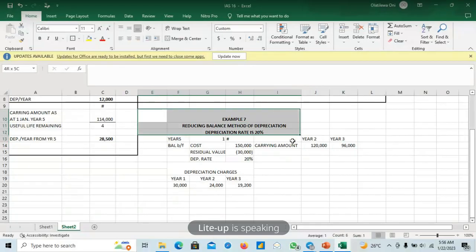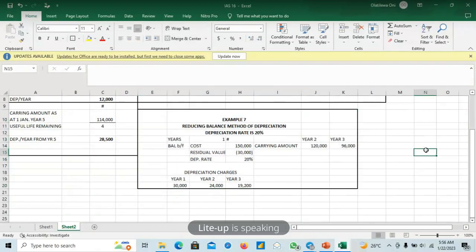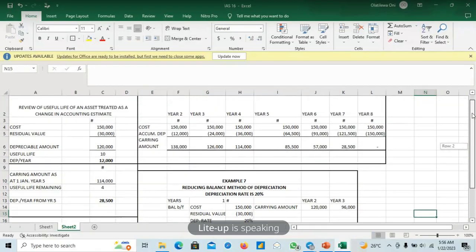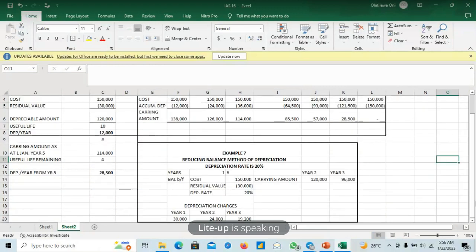That is how depreciation is computed under the reducing balance method, making it different from the historical cost model, where we have accumulated depreciation. On the reducing balance method, we just have depreciation for the year, the rate charged against the opening balance, which is the carrying amount for the year. That's about that.